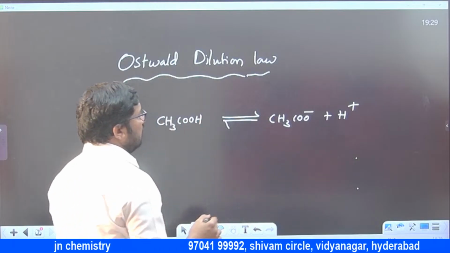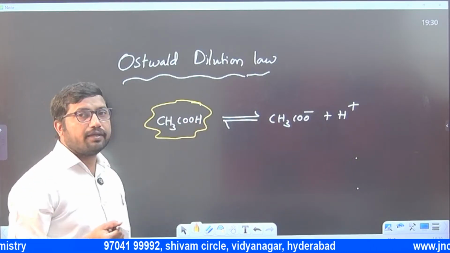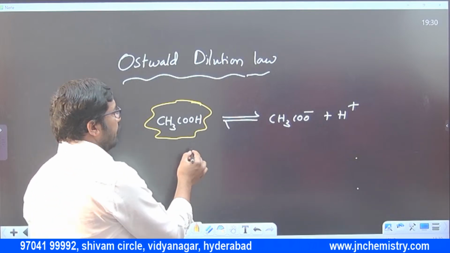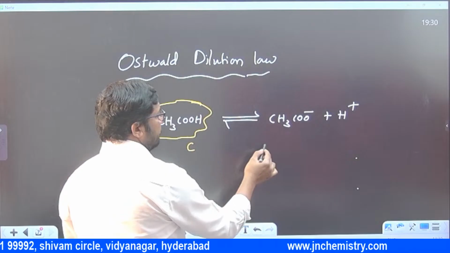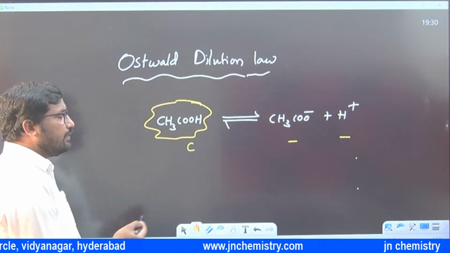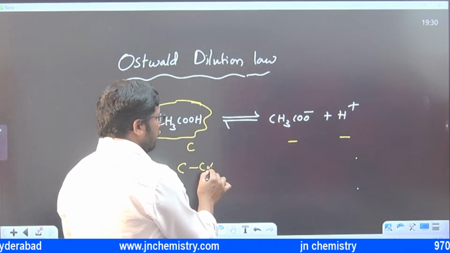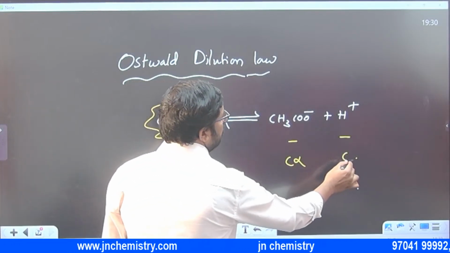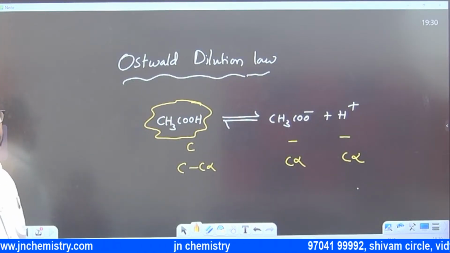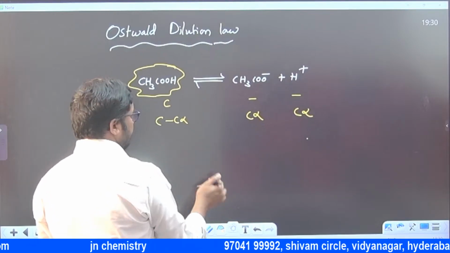So a weak acid won't undergo 100% dissociation because it's a weak acid, right? We take the initial concentration C. After some time, with the degree of dissociation I told you, it becomes C minus C alpha, C alpha, C alpha. This is an acid, so the equilibrium constant I would like to call Ka.